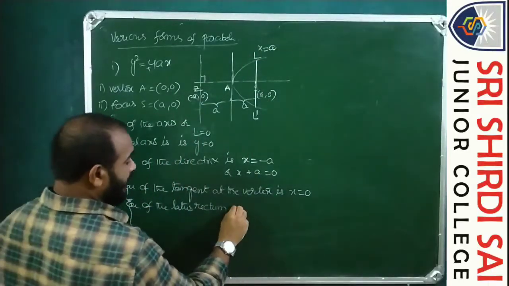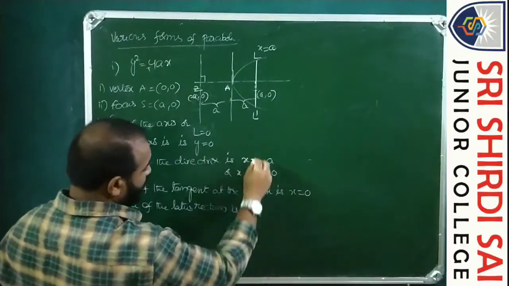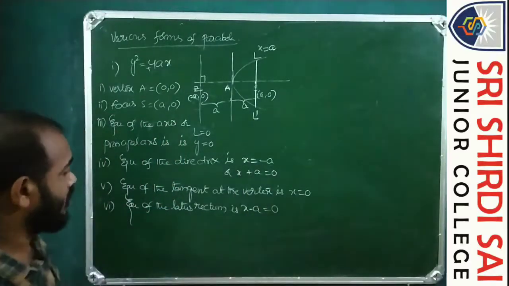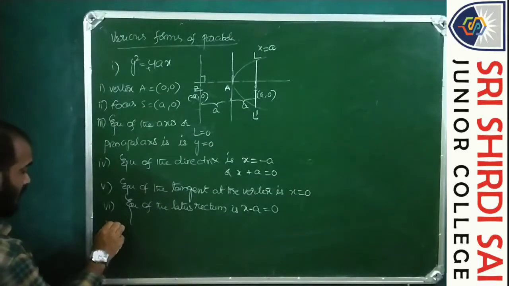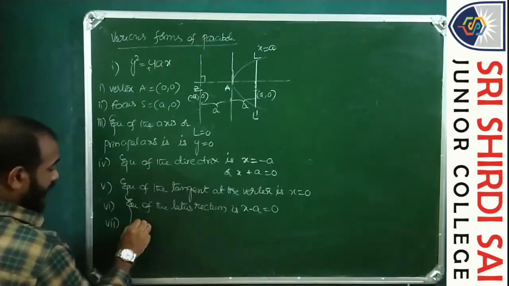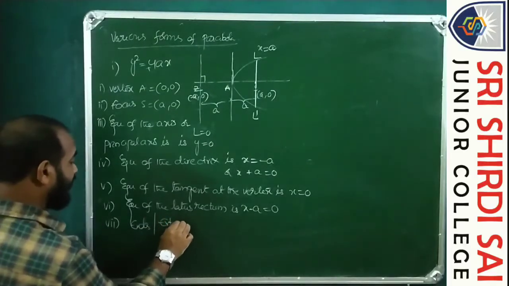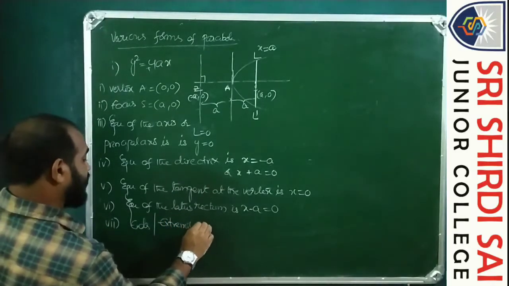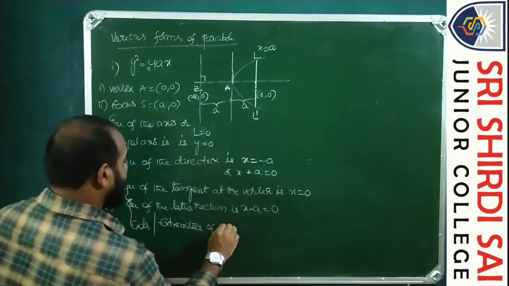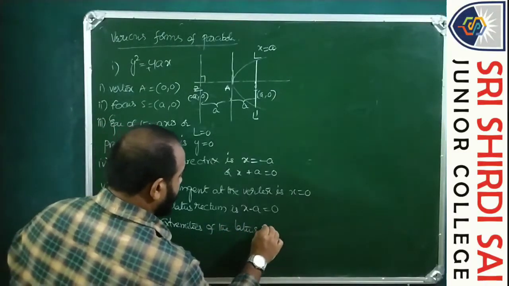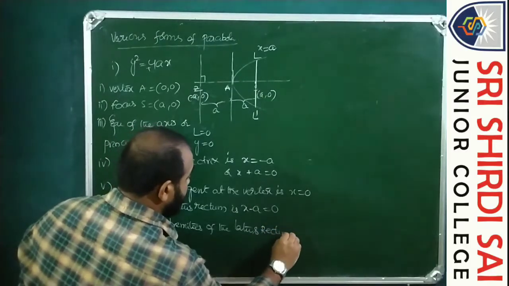Equation of the latus rectum is x equals a, or x minus a equals 0. Next, the ends or extremities of the latus rectum.